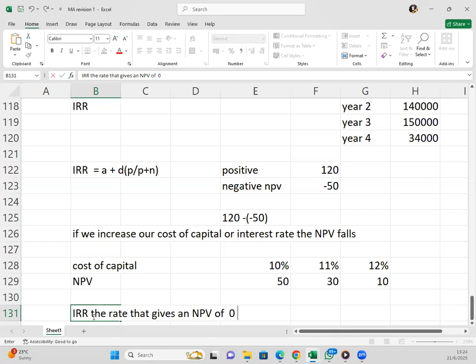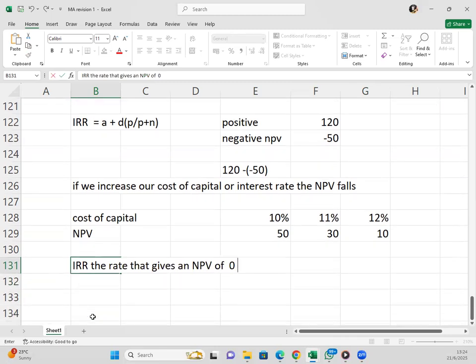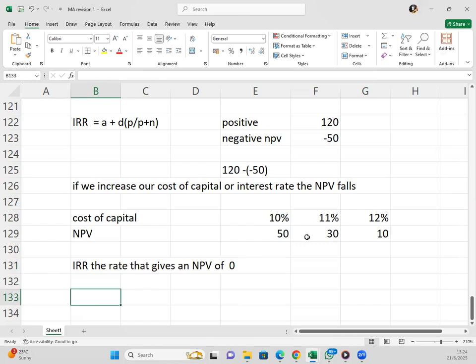So the IRR is the rate that is going to give an NPV of 0. Since at 12%, the NPV is still 10, our IRR is slightly above 12%, because as we were increasing by 1%, the NPV was falling by 20.